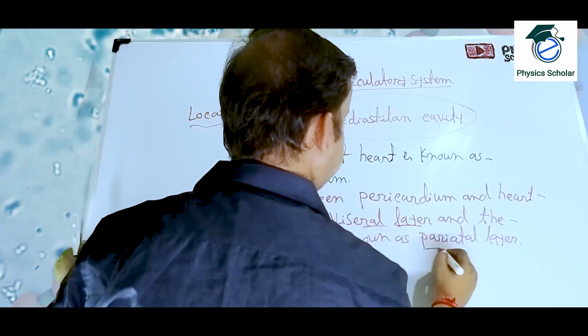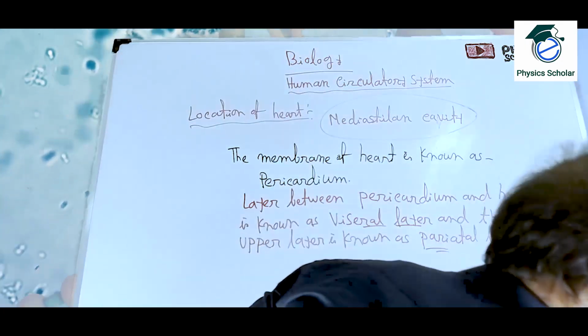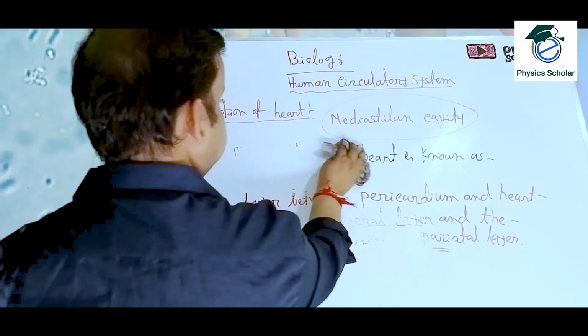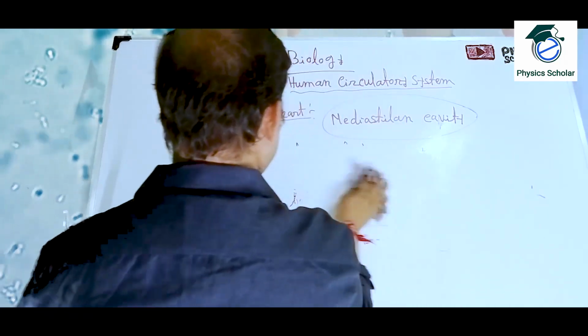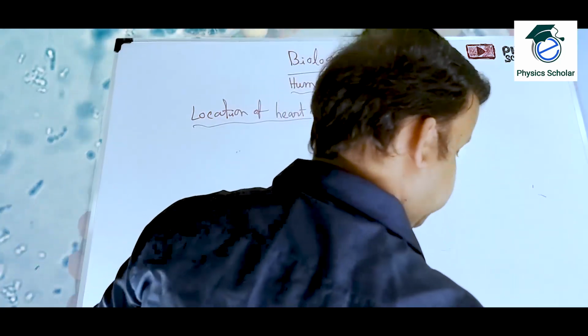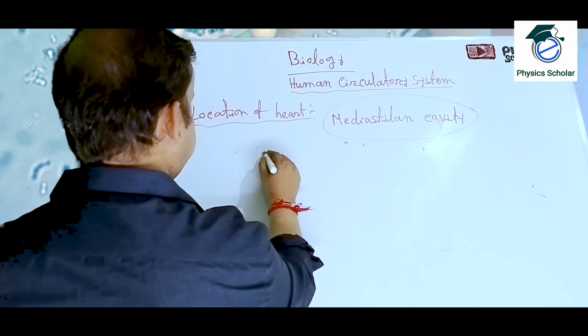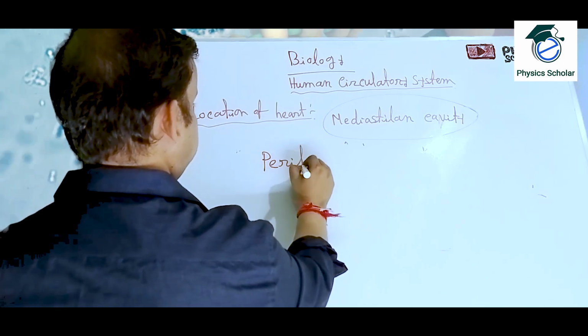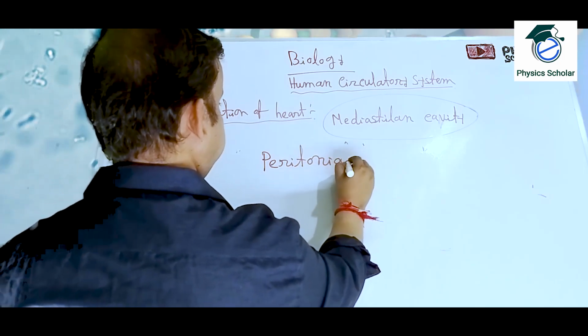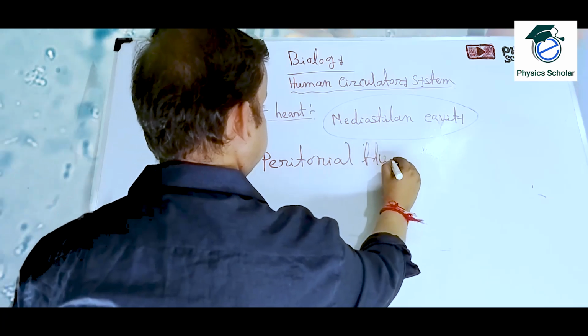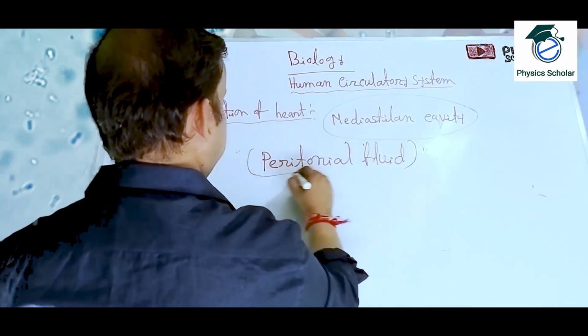In between the visceral and parietal layer there is a fluid which is known as peritoneal fluid.